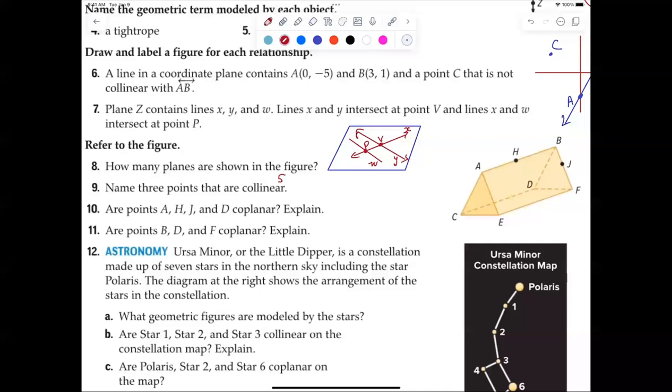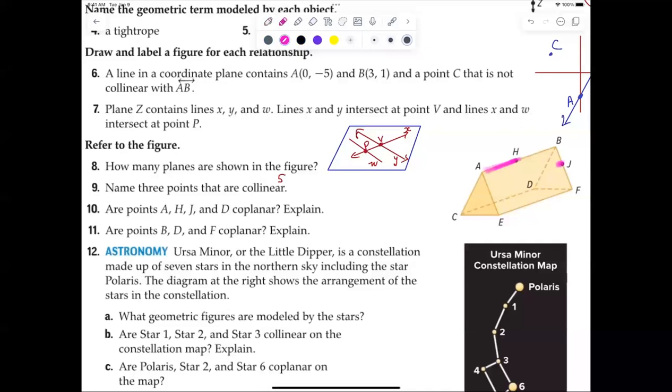All right. Are points A, H, J, and D coplanar? Sometimes, if you don't want to get tricked, I like to just highlight them. So I'm looking at A, H, then J, and then where's D?